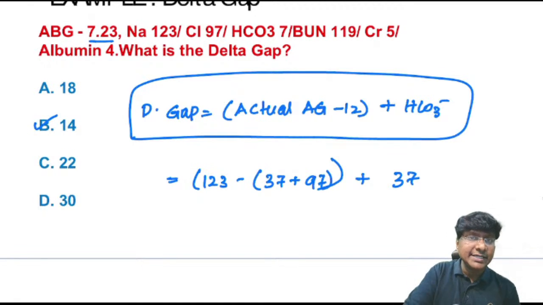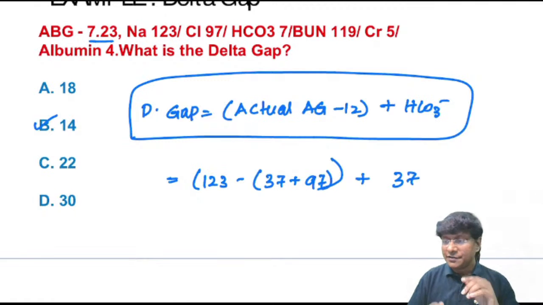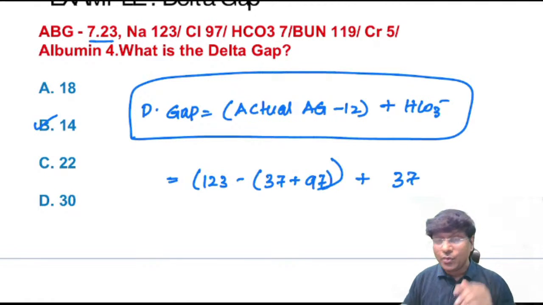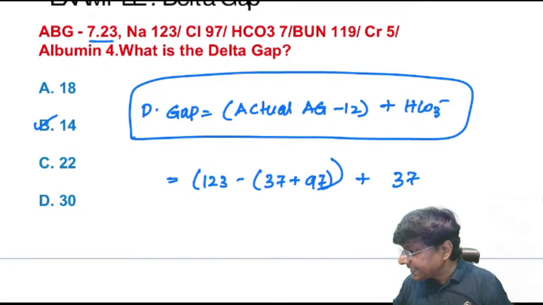Now what is the importance of the delta gap? First of all, let me explain the concept of anion gap. When will you calculate the anion gap?